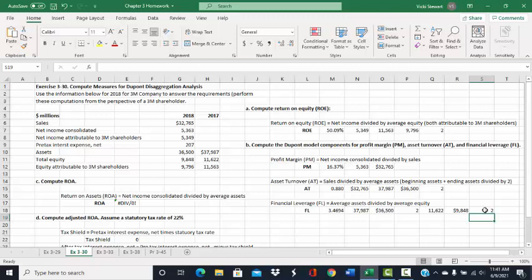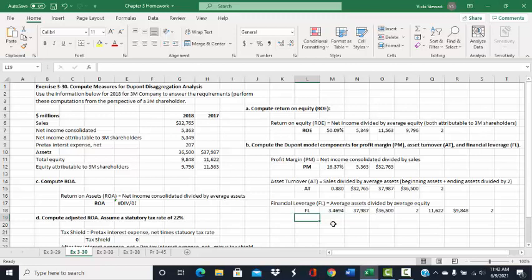So it gives us an idea of how much of our assets are actually being financed through debt. Because remember that financial leverage goes up as this number is smaller and this number doesn't change. So the amount that our assets are being financed by debt, financial leverage increases return on equity.